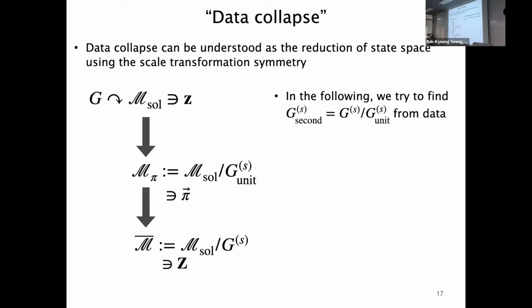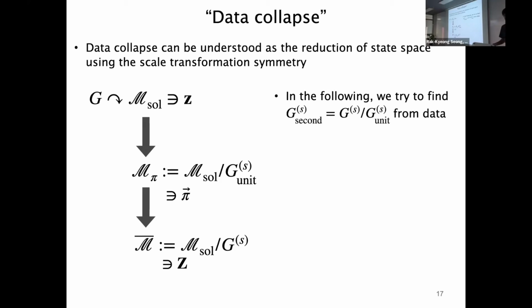And in the presence of non-trivial scale transformation symmetry, we can further reduce the state space, where the coordinates are given by those capital Z parameters. The action of obtaining this reduced state space, starting from the original solution space, is called the data collapse.